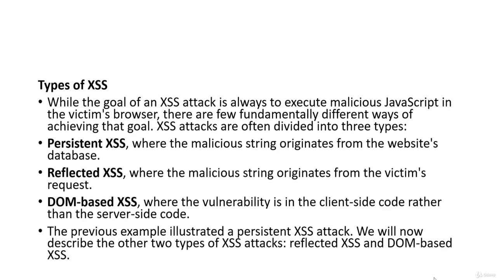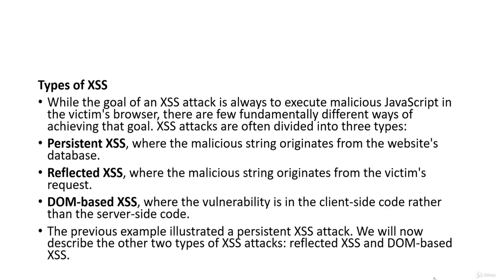So next one is reflected XSS attack. This is the type of XSS where the malicious string, that means the code, originates from the victim request. That means it will only be reflected to particular victims. Whenever anyone opens the infected link or URL, it will be visible only to that victim and won't affect the whole or broad domain of users that visit the website.